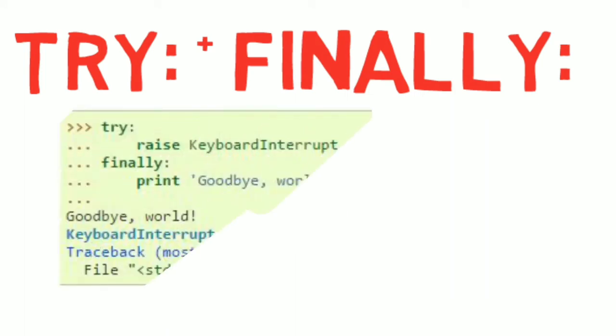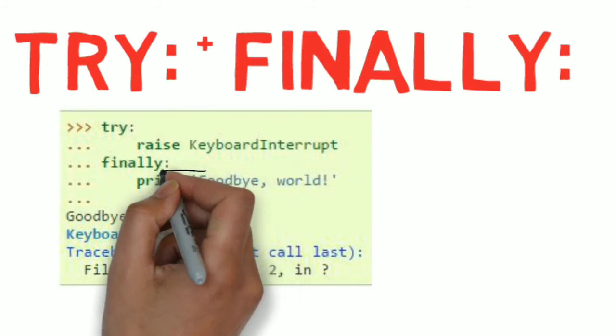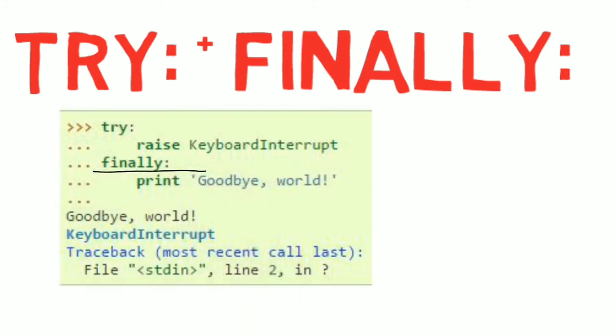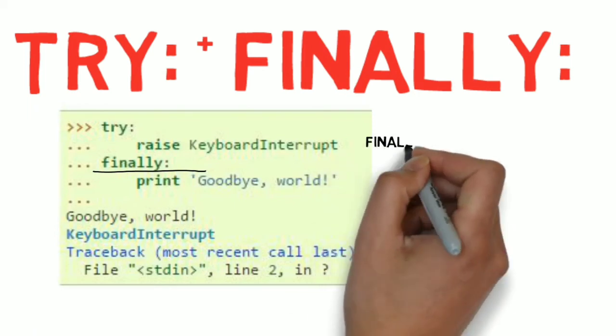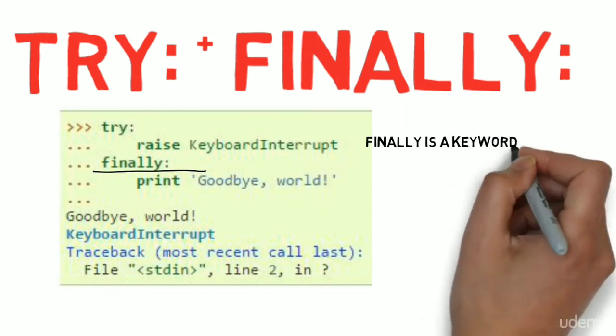Then we come to the finally syntax. So remember how we said that there might be some code that you want to make sure gets executed regardless of what exceptions might be thrown. Put this code inside the finally block.